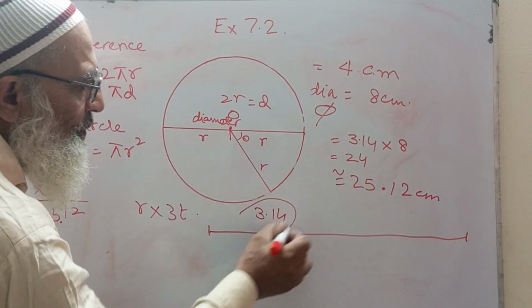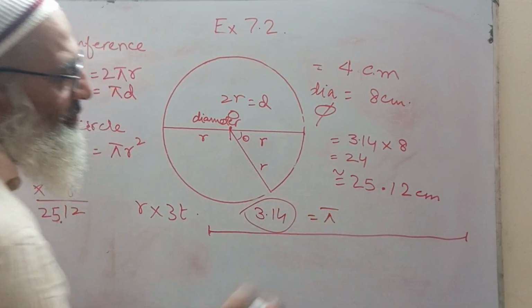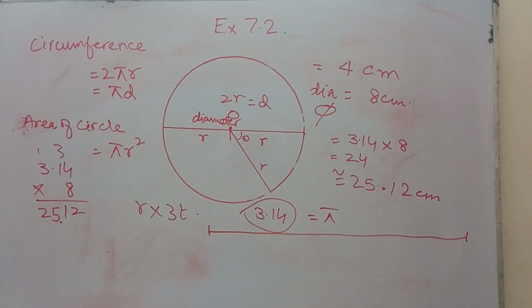And 3.14 is the value of pi. So this was all about the circle.